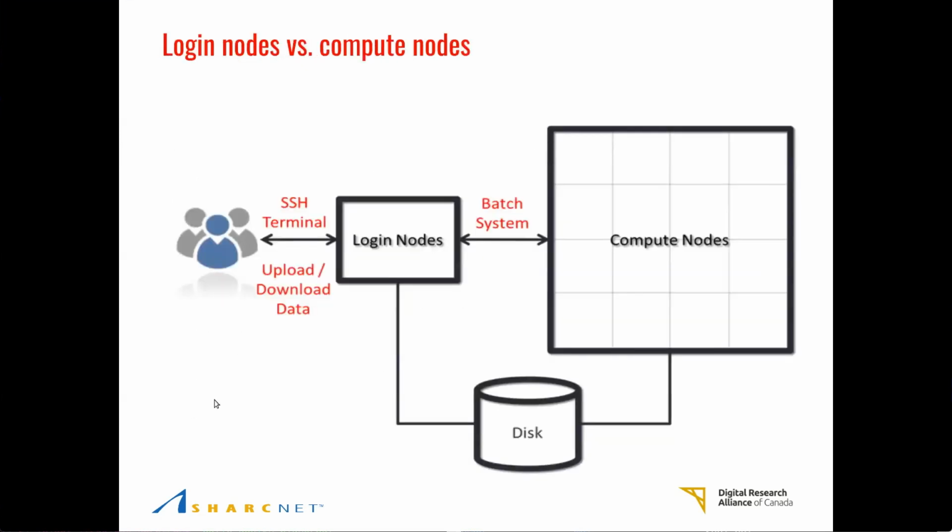This picture shows the workflow of how one uses a cluster. So you log in from your laptop or desktop to the login node of a cluster. A cluster may have one or more login nodes. And on the login nodes, you prepare your program, data files, and other things.